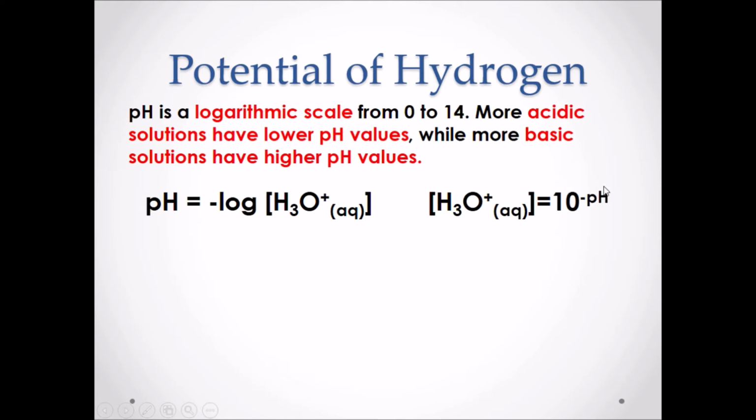The two equations that involve pH are pH equals the negative log of the concentration of H3O+, and the concentration of H3O+ is equal to 10 to the exponent negative pH. When working with weak acids in equilibrium systems, the concentration of H3O+ in both equations will be the equilibrium concentration.